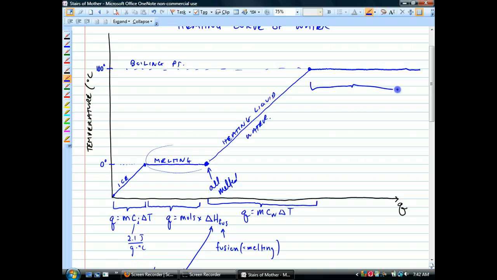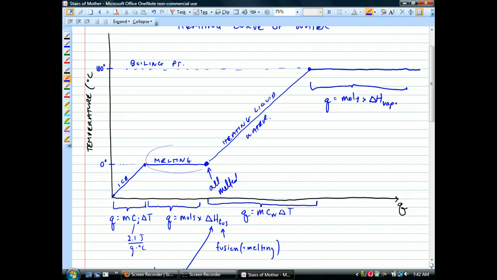So in this portion right here, Q is going to be equal to the moles. Moles of what? Lead? Water. We're talking about water. If we were making a graph for lead, then this would be moles of lead. It's going to be moles times delta H vap.